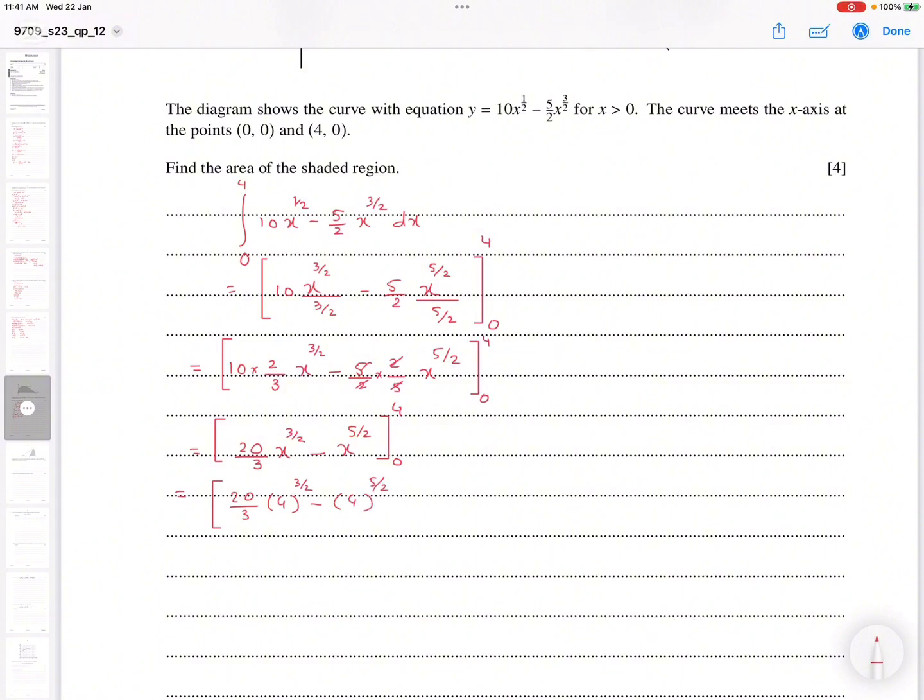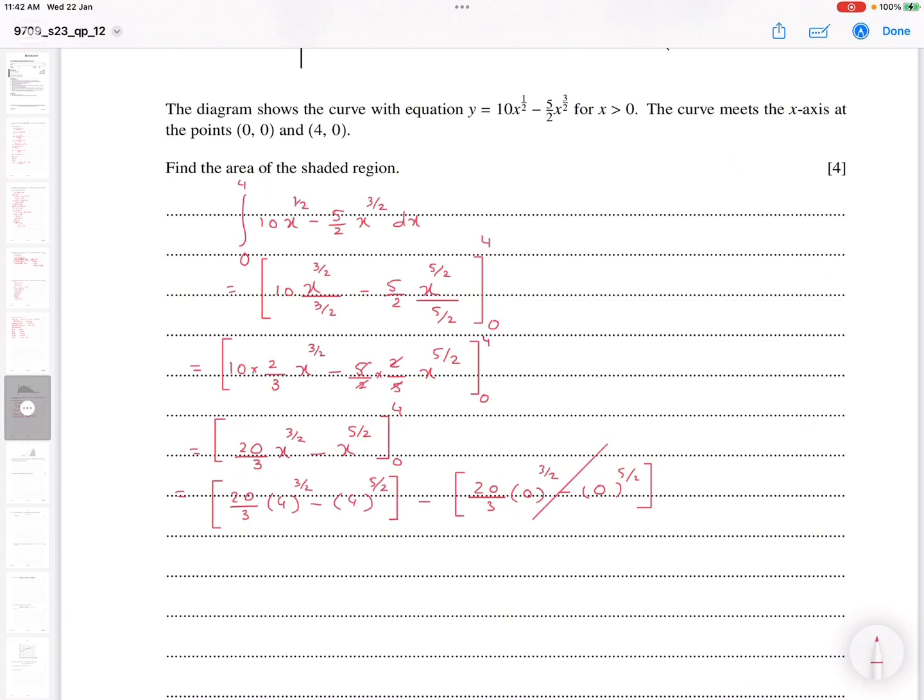This is our upper limit minus lower limit. So we have to put 0 in x: 20 over 3, 0 power 3 by 2 minus 0 power 5 by 2. So this all will become 0.